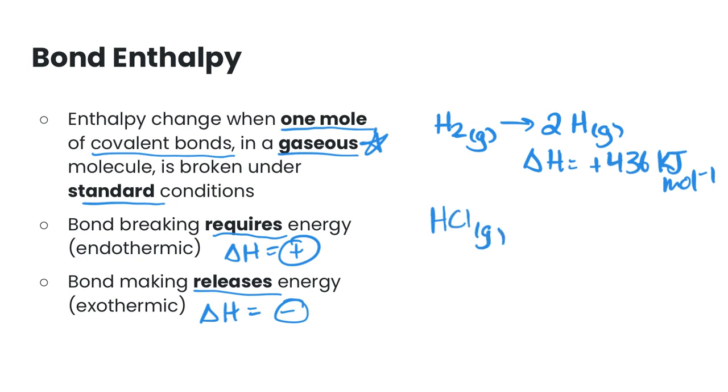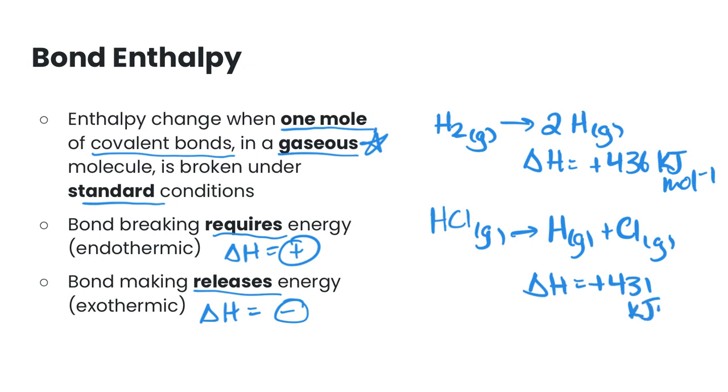Another example might be HCl. If we break that covalent bond into a hydrogen atom and a chlorine atom, then that delta H is roughly the same, around 431 kilojoules per mole. So that's just to give you an idea of a couple of different bond enthalpies.